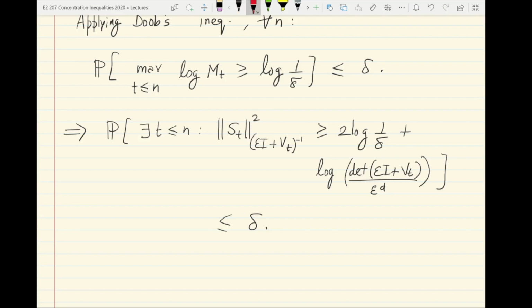Okay, and so there's only one last thing remaining, which is a technical improvement.